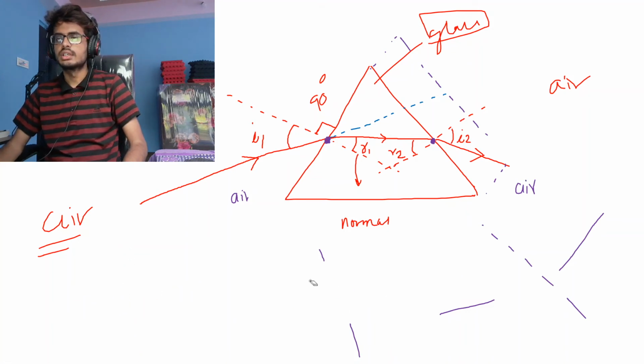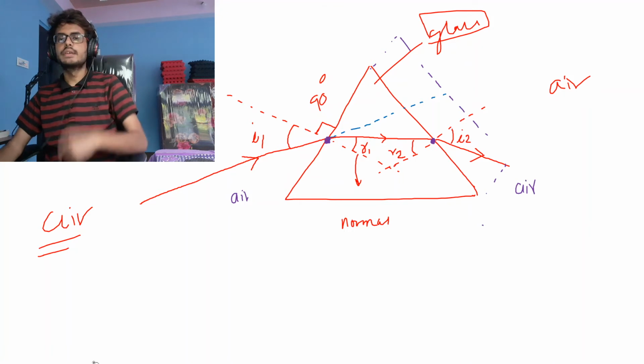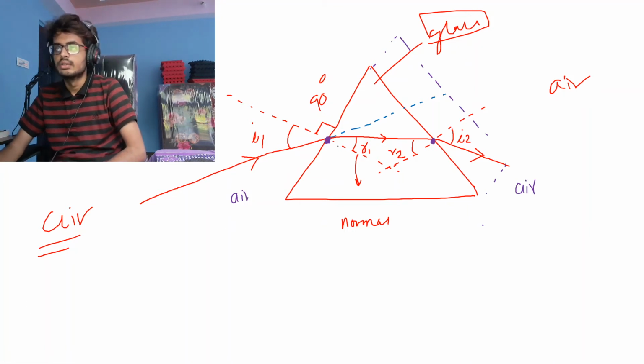We don't consider a single normal for both refractions, because we are talking about two different surfaces, so we have to talk about two different normals. This dotted line represents the incident ray if refraction was not happening, the extension of the incident ray.